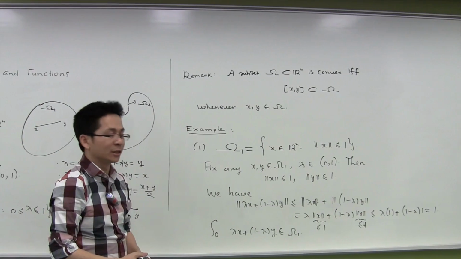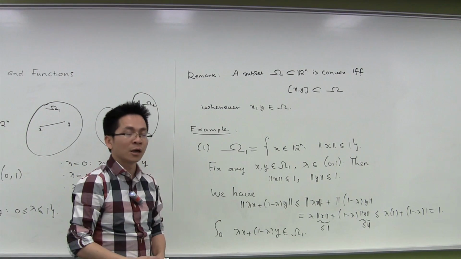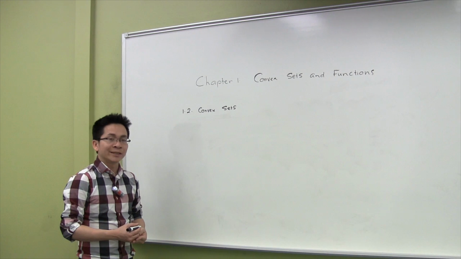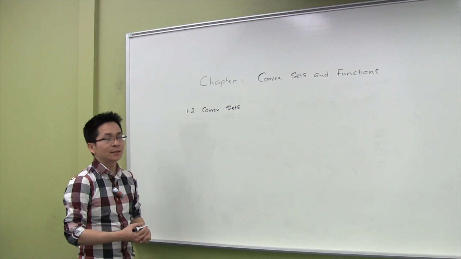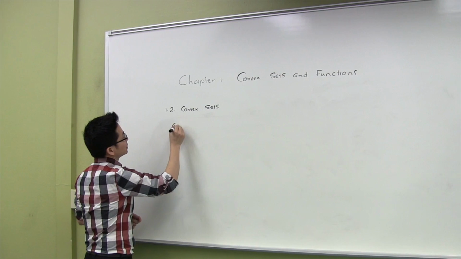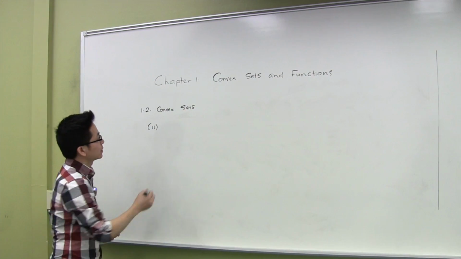So by the definition, omega 1 is a convex set in Rn. Now let me talk about another example of convex sets in Rn. In this example, we define the following set.